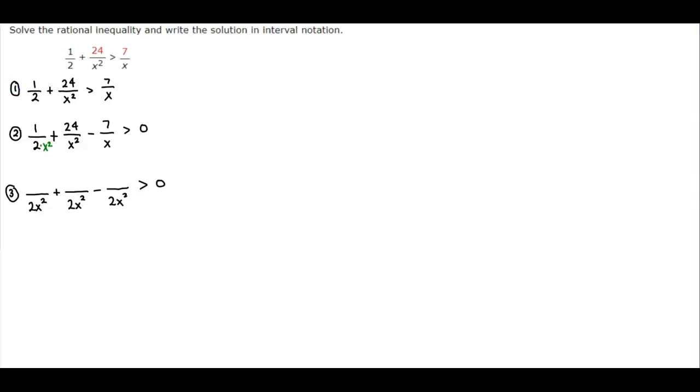Well, that's x squared. So 1 times x squared is x squared. x squared times what gives us 2x squared? That's times 2. So 24 times 2 is 48. And then x times what gives us 2x squared? Well, that's 2x. So 7 times 2x gives us 14x.